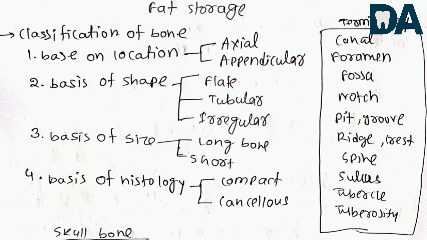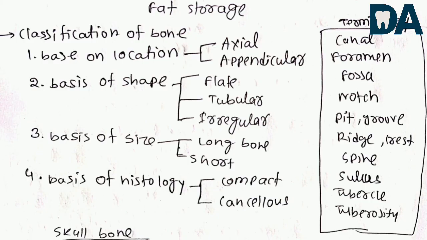Before I go to the classification of bones, here is some osteology related terminology. First is canal, a long passage in bone that transmits blood vessels and nerves. Foramen, a natural opening or perforation through the bone that permits transit of blood vessels and nerves.